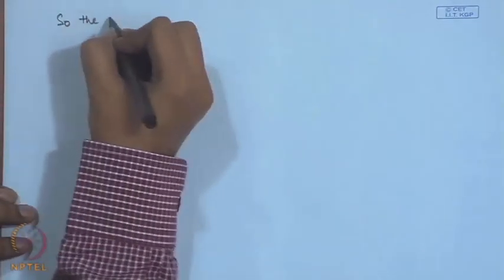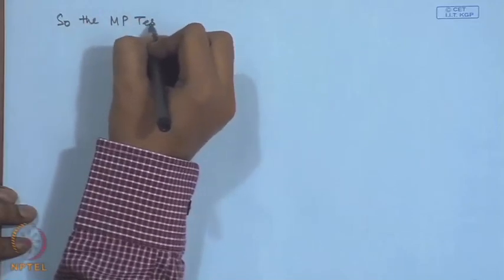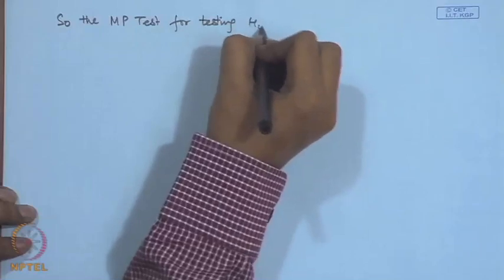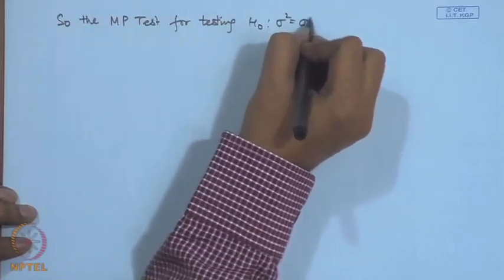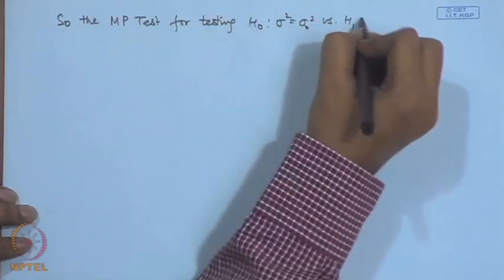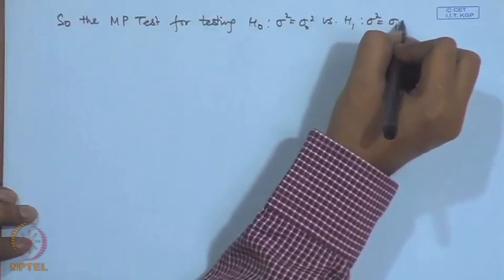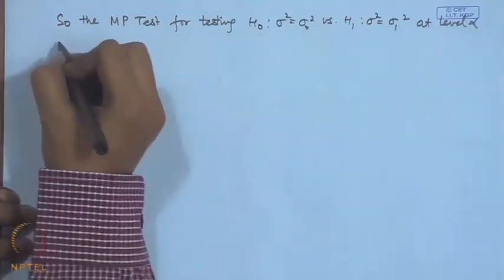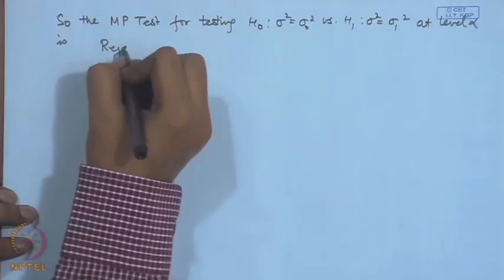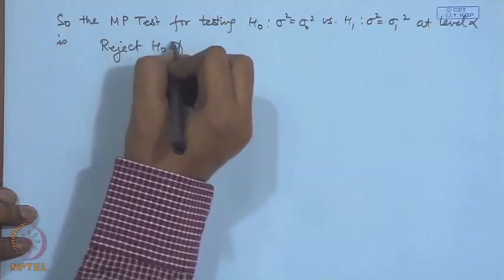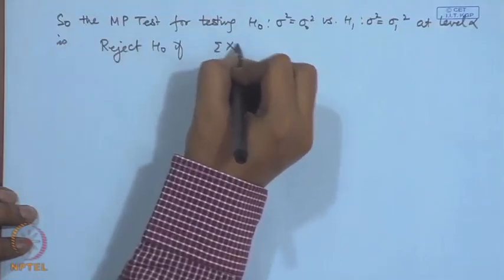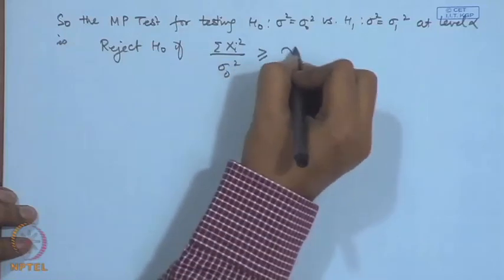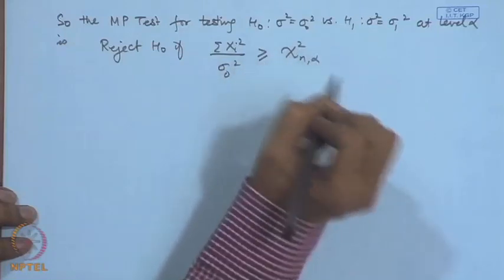So, the test is then becoming, so the most powerful test for testing h naught sigma square is equal to sigma naught square against h 1 sigma square is equal to sigma 1 square at level alpha is reject h naught if sigma x I square by sigma naught square is greater than or equal to chi square n alpha.